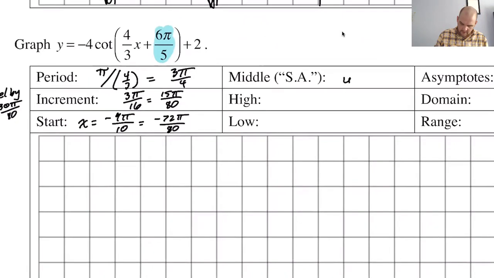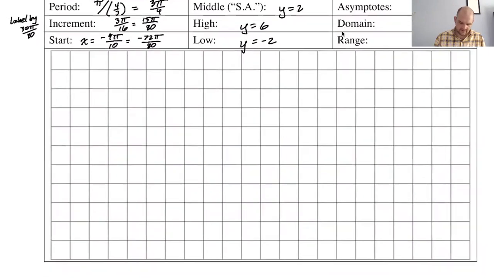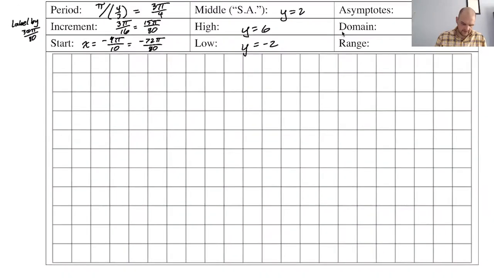But here we go, y equals 2. We can go up 4 to y equals 6. We can go down 4 to y equals negative 2. I really want to count by 4s, but I also really want to get 0 on there if I can. You know what? I'm going to do it. Oh, no, but then the labeling. All right, let's see.